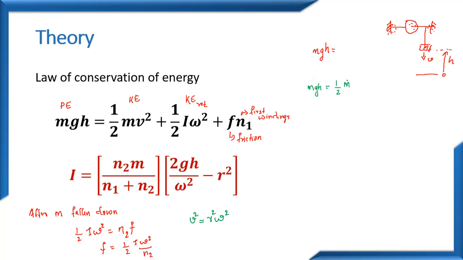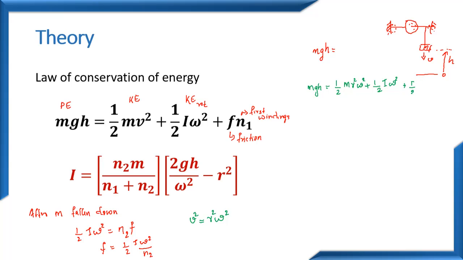So instead of v square, here I am substituting r square omega square, plus half I omega square, plus, instead of frictional force, what can I write?